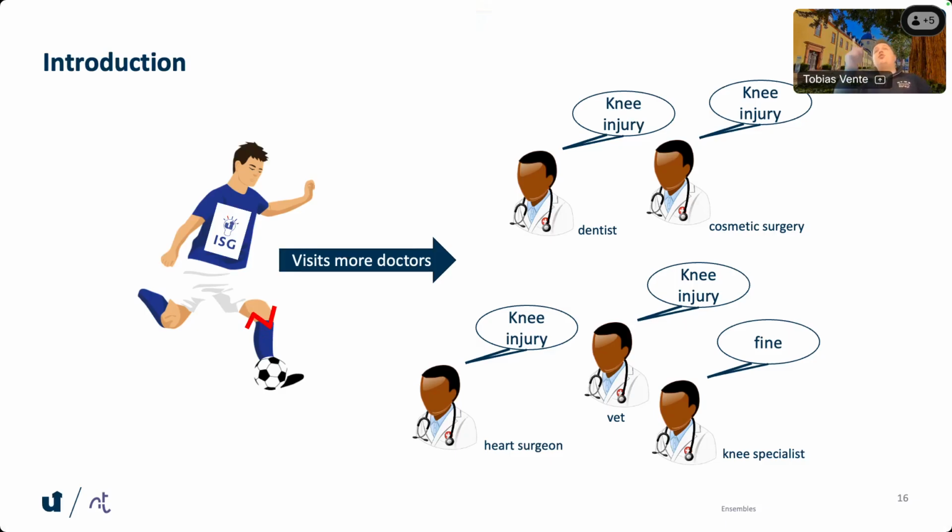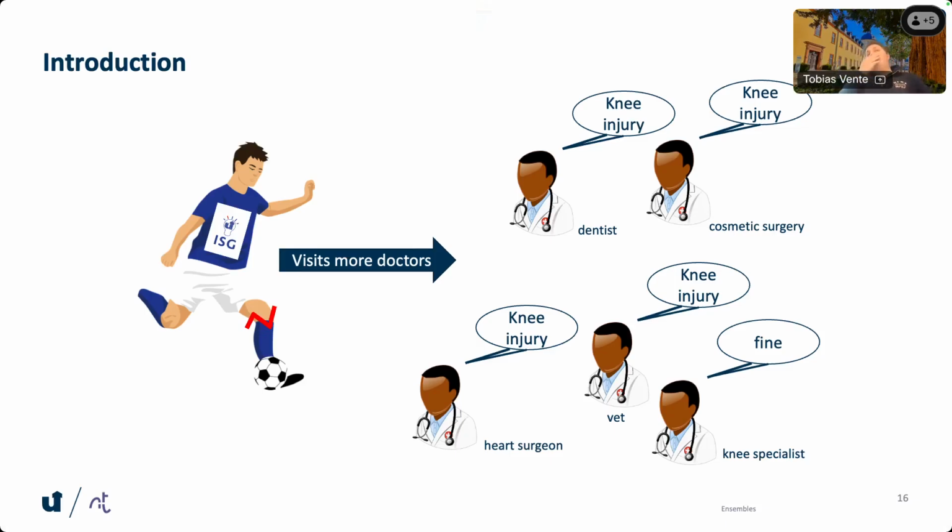Even though 4 out of 5 doctors say it's a knee injury, you could still believe it's not one, because the one that is really specialized on your specific classification task says it's fine. So you could weight these doctors.